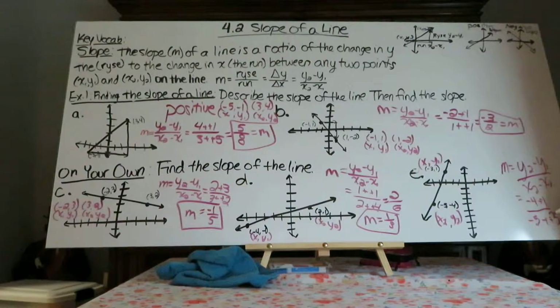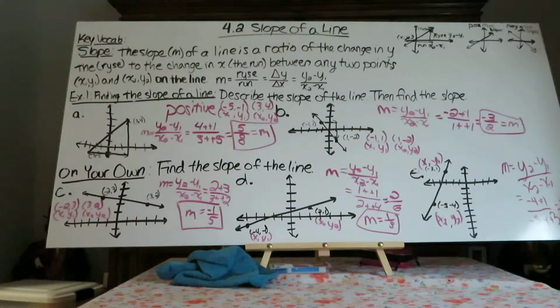Adding the opposite, we are left with a negative 5 divided by negative 2, which is a positive 5/2.